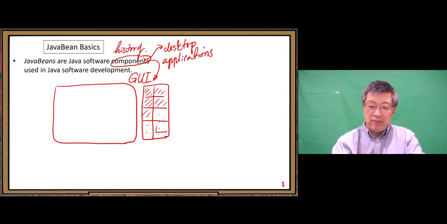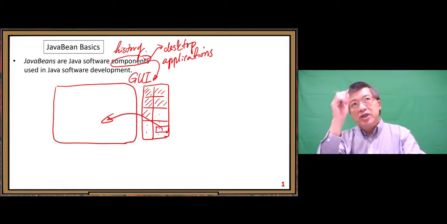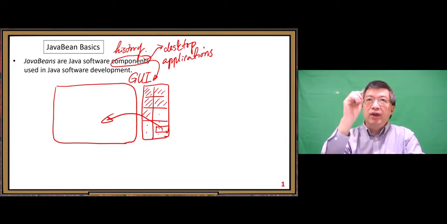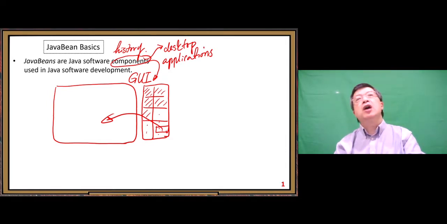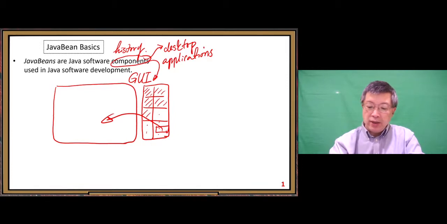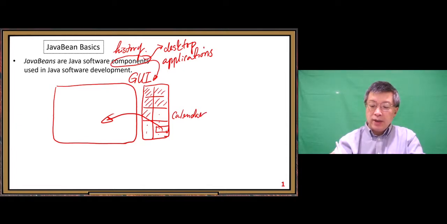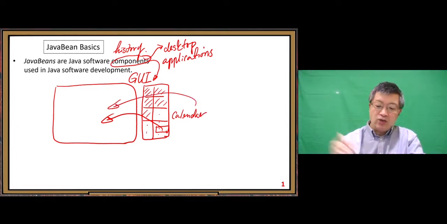For example, a button. Suppose you want to add a button, you drag and drop, right? Sometimes you may like to put some relatively more advanced GUI components like a calendar, right? So calendar, drag and drop.